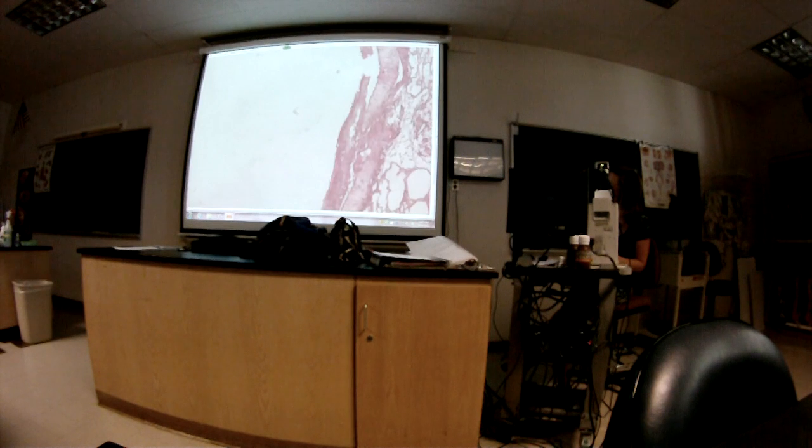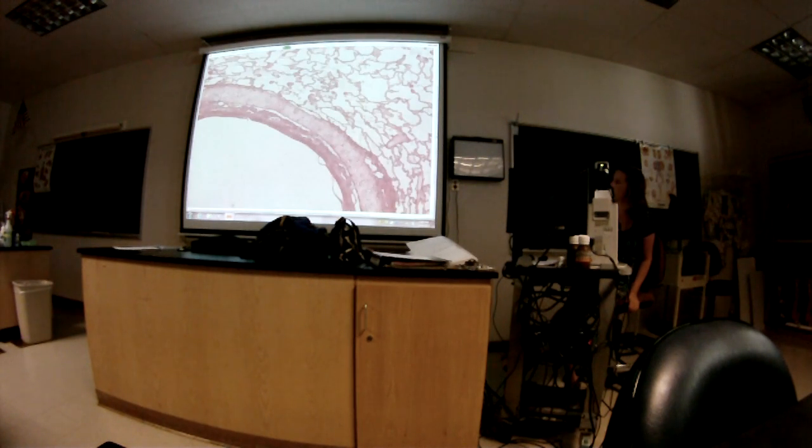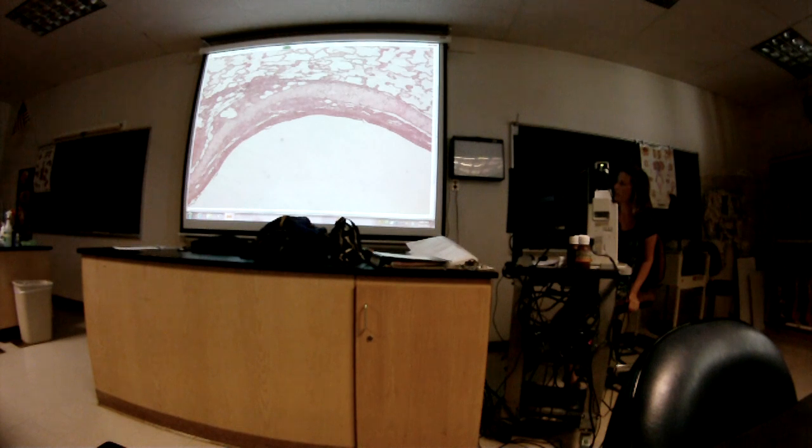Okay, this one, can't get the whole thing, can't get the whole cross section on there, so I'll just scan around and show you what its walls look like. Question 10 is what is this organ?